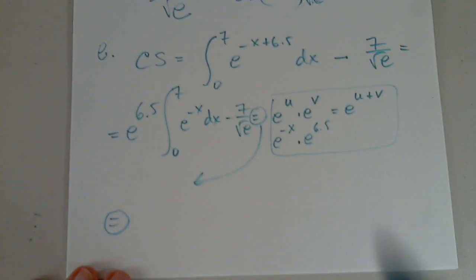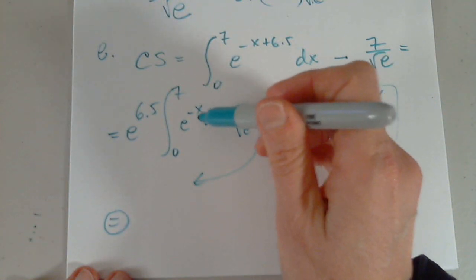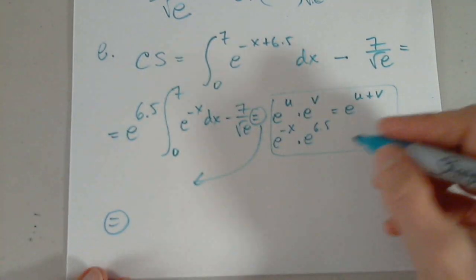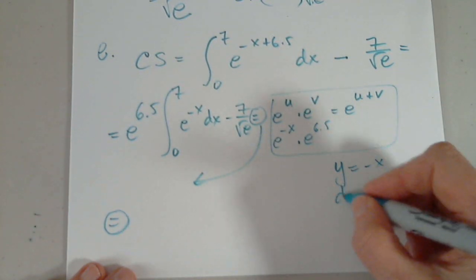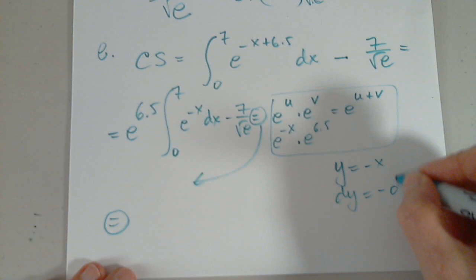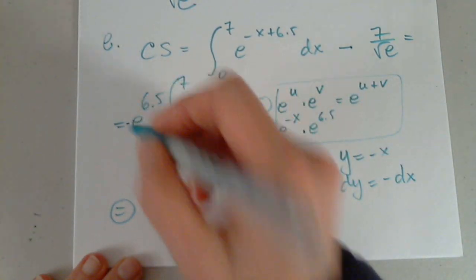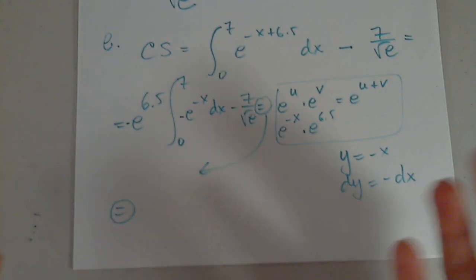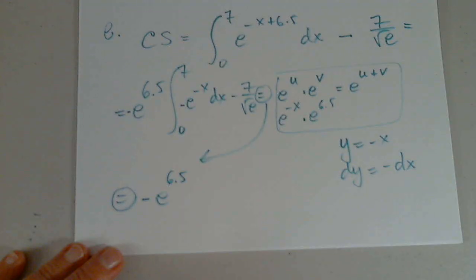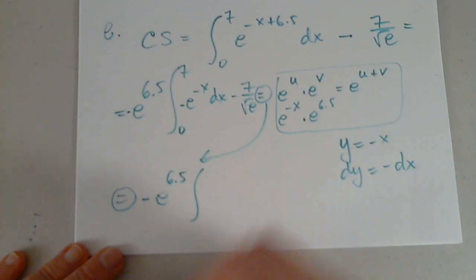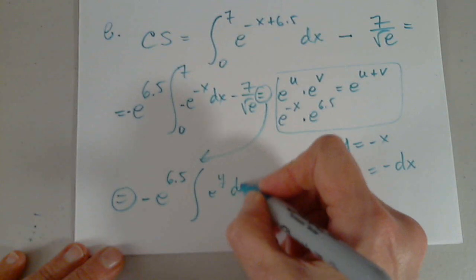Okay, so now you either use a substitution. Here is one option: y equals negative x, so dy equals negative dx, because we need a negative in front twice, which is 1. So this is negative e to 6.5 times the integral of e to y dy.